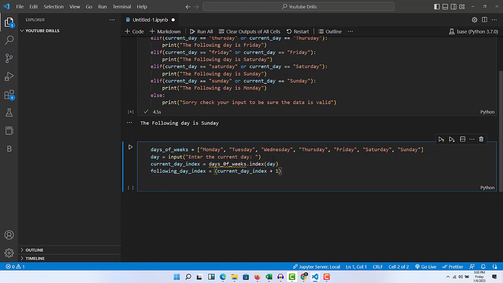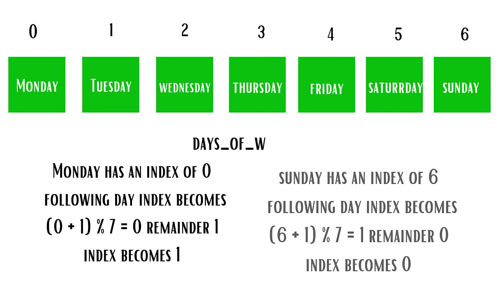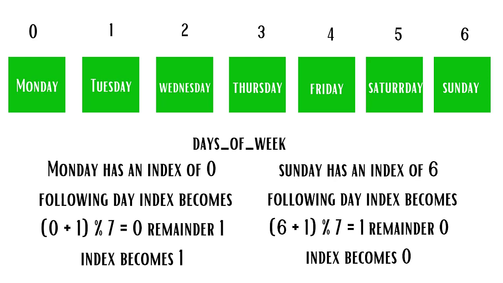So to get that, you're going to take the modulus of 7. That would make the work so easy. So if you take the index modulus 7, this would make us get the actual value. Now let me break that down. Let's say for example, I pick Sunday as the current day, which is index 6. And then I say 6 plus 1 is 7, right?